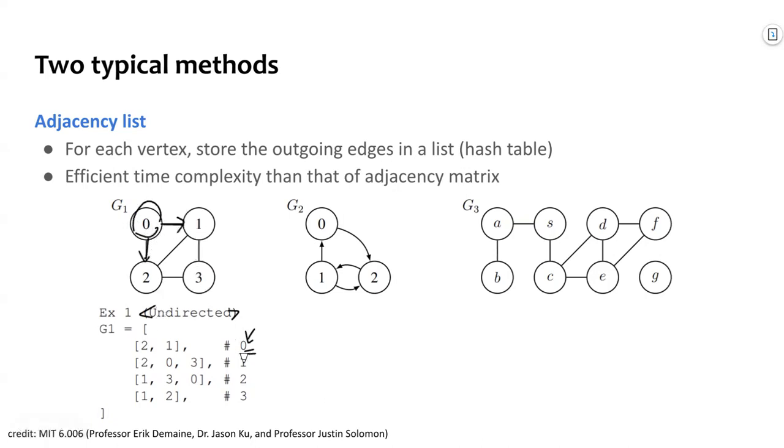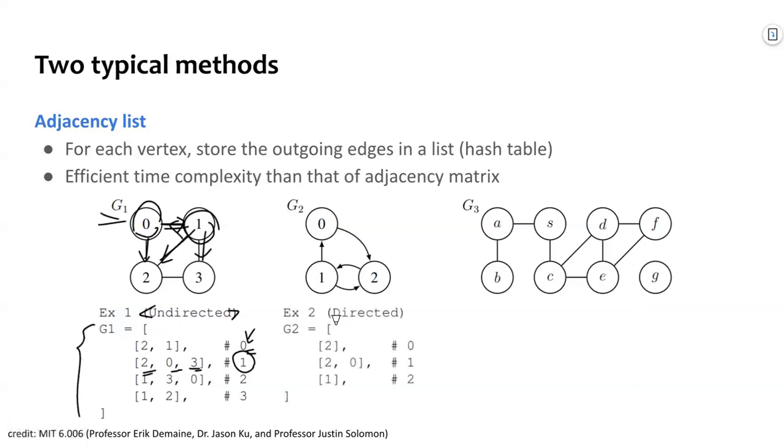Let's talk about this one. In the case of vertex 1, we have 3 nodes connected. So it is connected to 3, connected to 0. We are writing down the nodes that are connected to node 1. This is how we represent this G1 with this adjacency list.